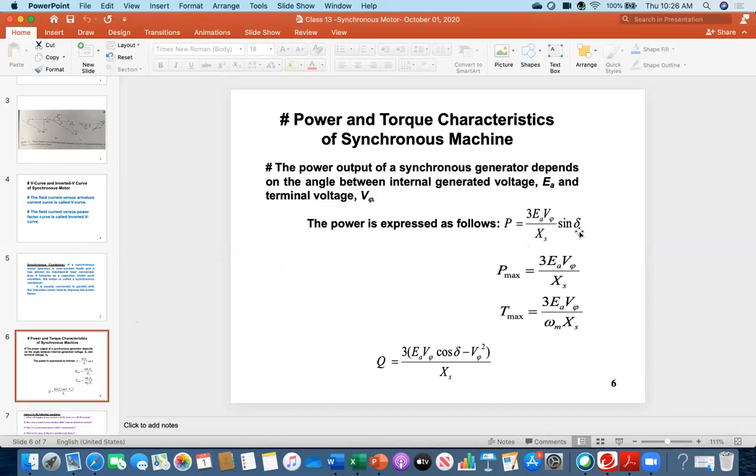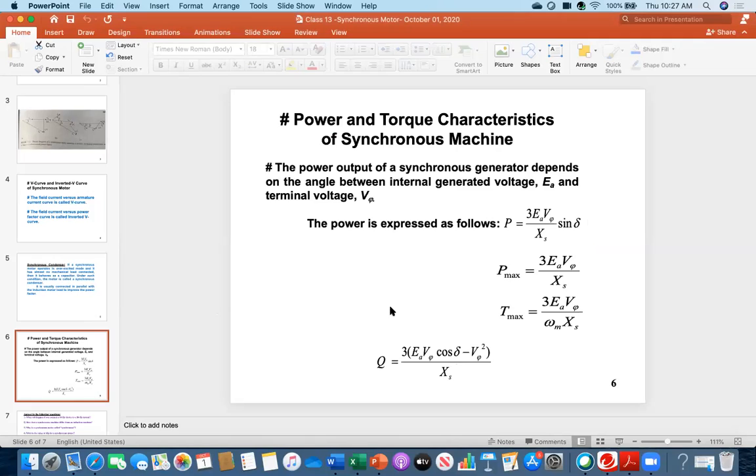Everybody look at the power equation. If delta is very close to 0, then what will be the power value? It will be 0. But look, this is the Q equation, reactive power. When the delta is 0, definitely you have the Q value. So when delta is 0, your active power is 0, but then you have the reactive power. So what is the property?